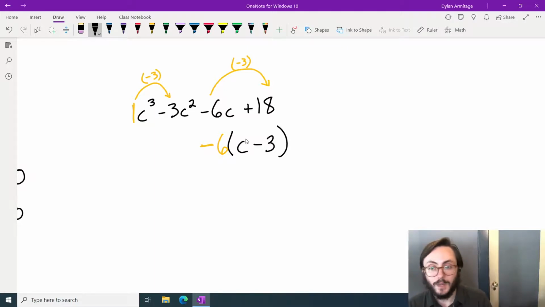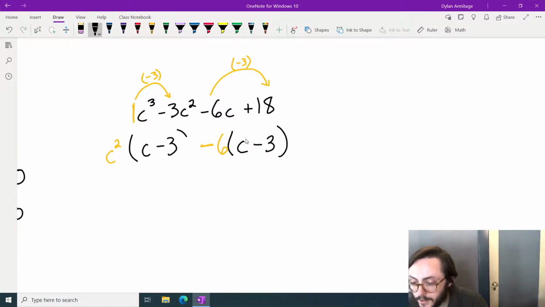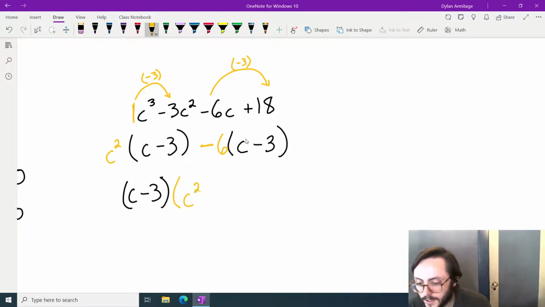Over on the other side, we can take out the c squared instead, which would give us c minus 3. So we have c squared times c minus 3 minus 6 times c minus 3. At this point, we have the c minus 3 as one factor, and as the other factor, we have c squared minus 6.